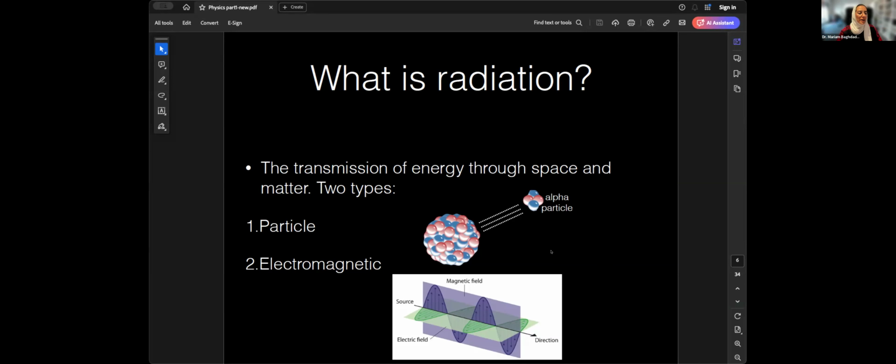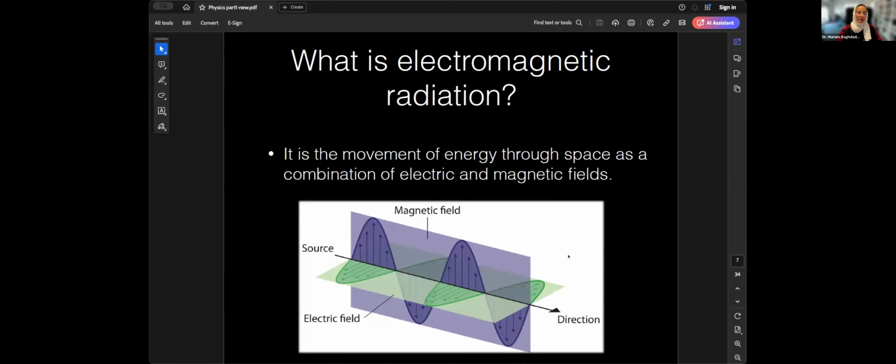So what are electromagnetic waves? Electromagnetic radiation, or electromagnetic energy, is the movement of energy through space, again, in a combination of an electric and magnetic field, right? Every single electromagnetic wave has a direction, a wavelength, and a certain energy.